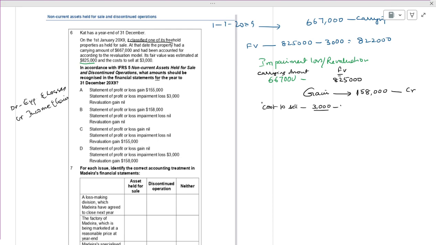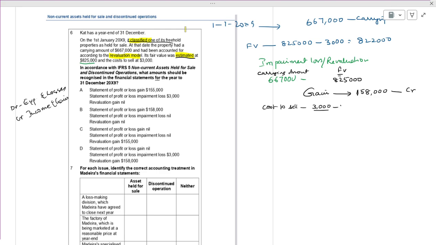Its fair value is estimated at 825, and cost to sell is 3000. Have they sold this asset? Here also they have only classified and estimated it, as per the revaluation model.